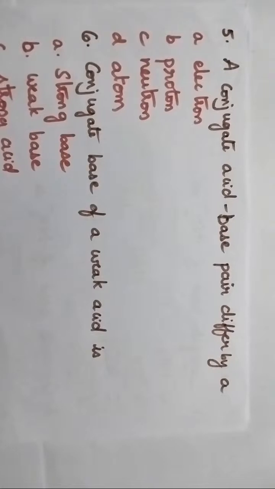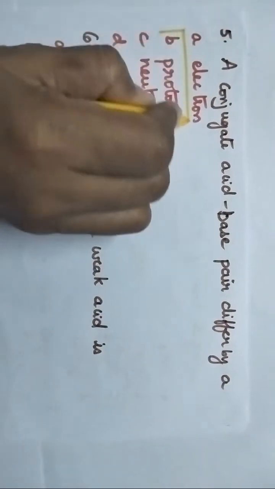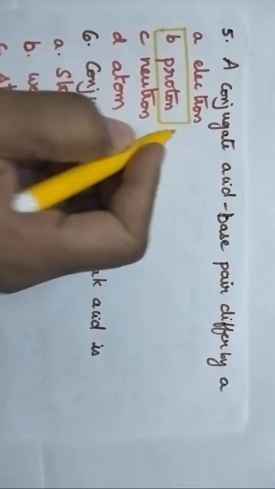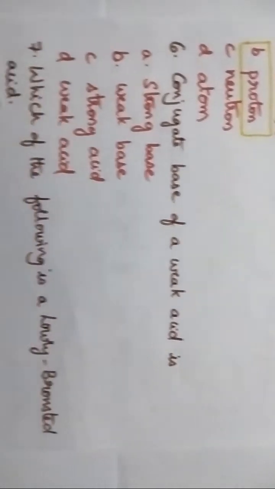A conjugate acid base pair differ by A. Very good. Differ by a proton. So option B is the right answer.